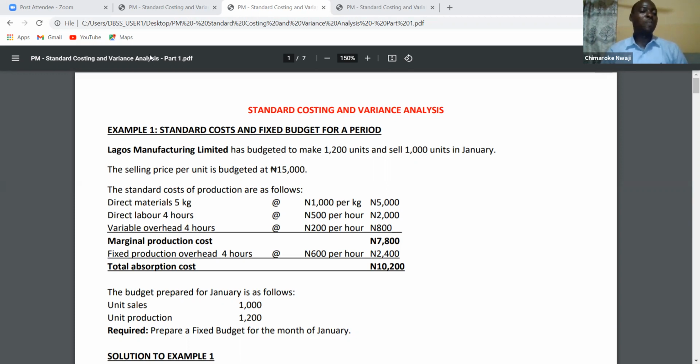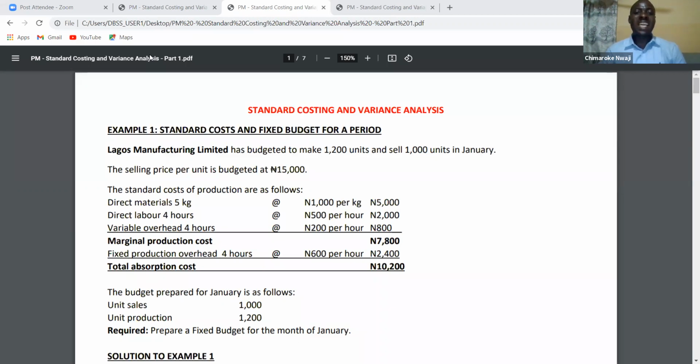So even if they didn't tell you per unit, your mind is thinking per unit. Direct materials. It means here that 1 unit of these products, we don't know the name of the product. I want to call it bread. Maybe I like bread so much. 1 unit of bread, in our example here, uses 5 kg of direct material.